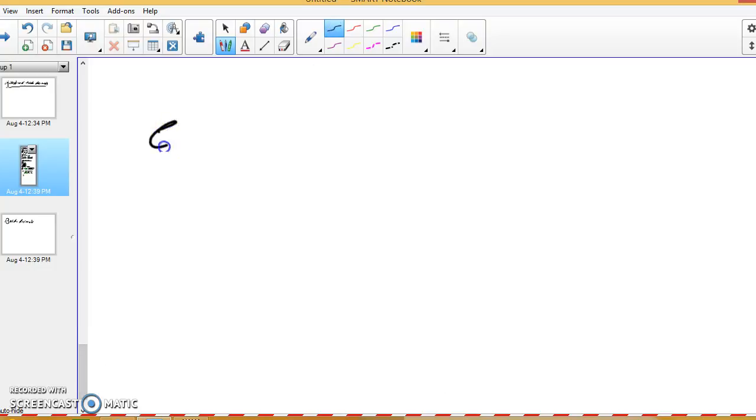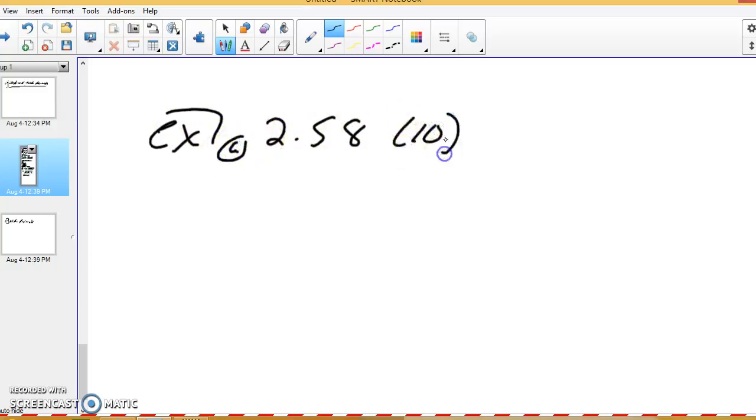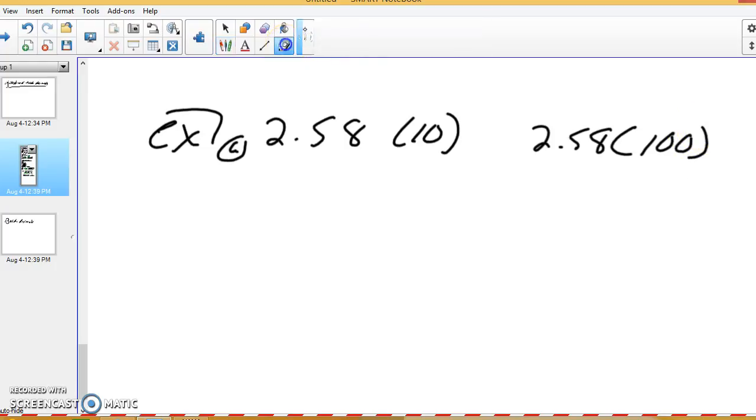So, say we have 2.58 and you want to first multiply it by 10, and then multiply it by 1,000. Let's go with 1,000, not 100. Okay, I'll let you work on that right now.